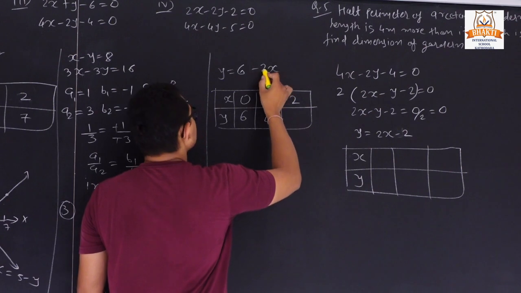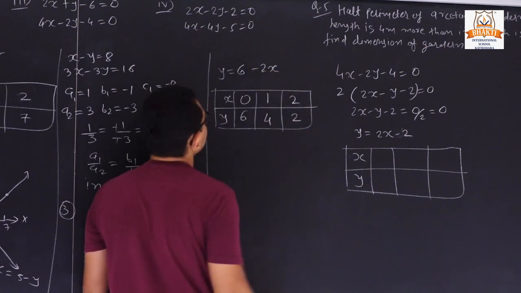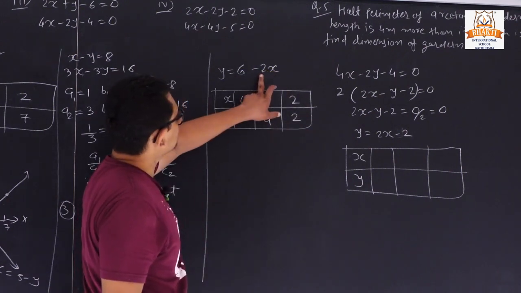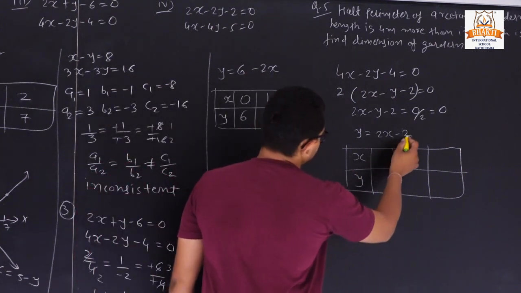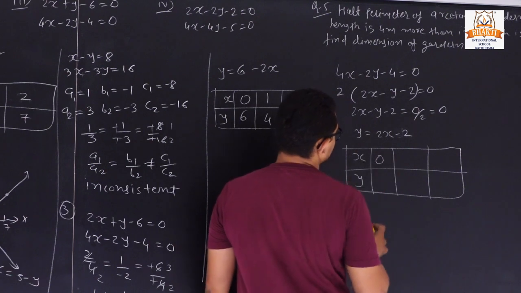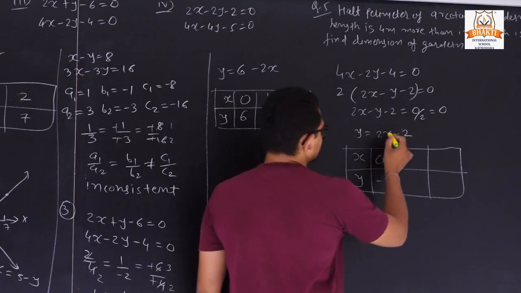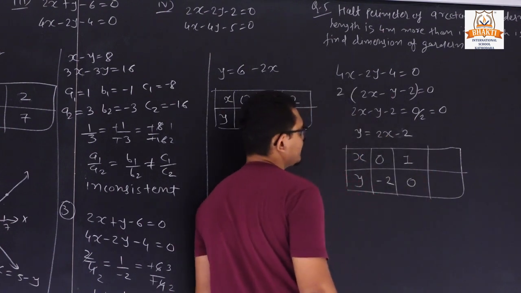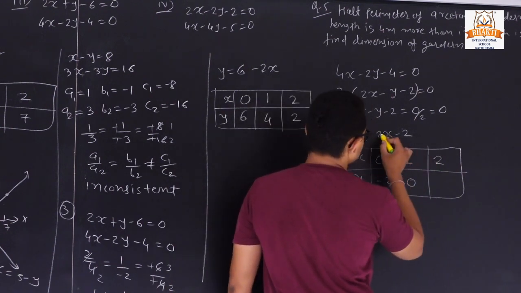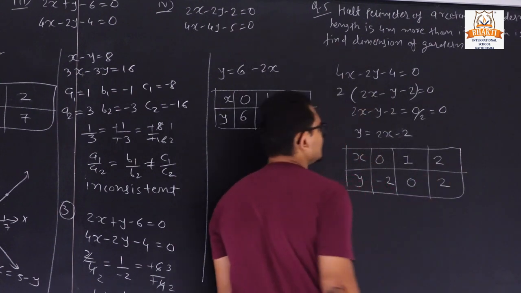Then 2, 2 twos are 4, so it is 2. Clear? Because 6 minus 4 is 2. Next, first of all 0, so minus 2. Then 1, 2 ones are 2, 2 minus 2 is 0. Then 2, 2 twos are 4, 4 minus 2 is 2.